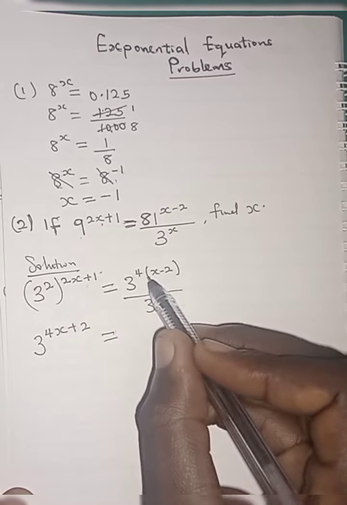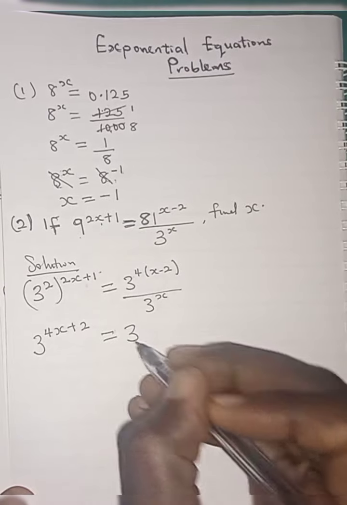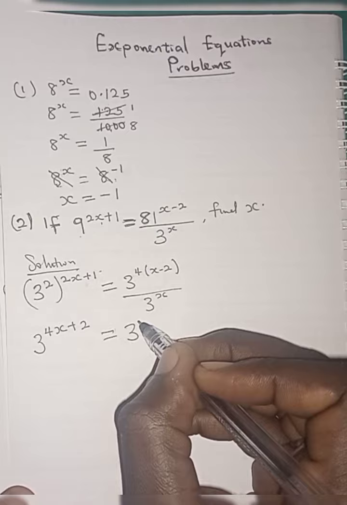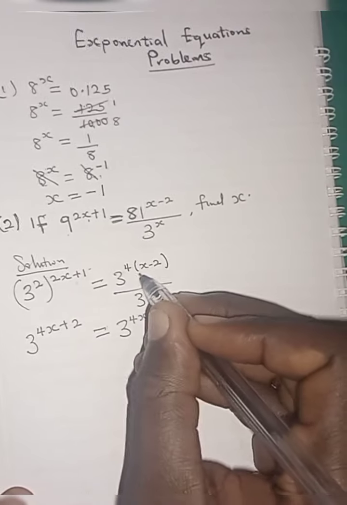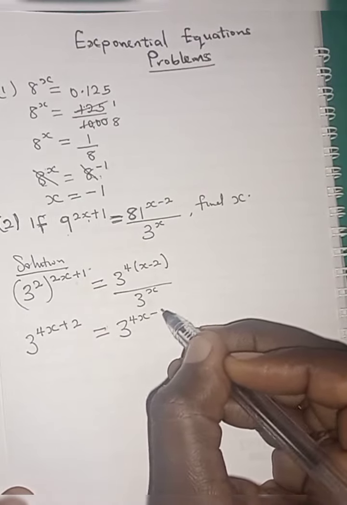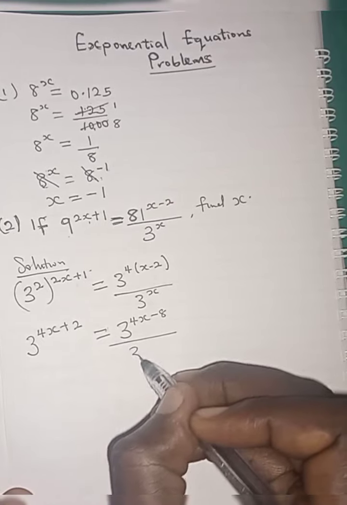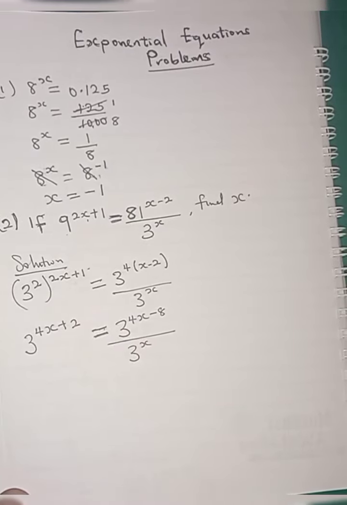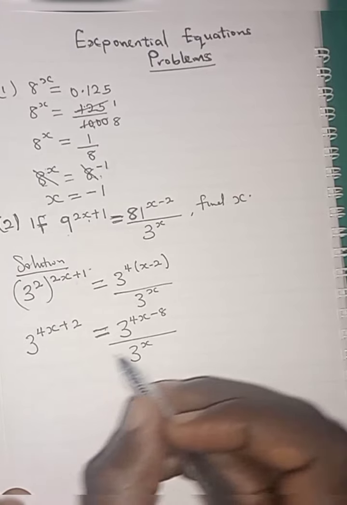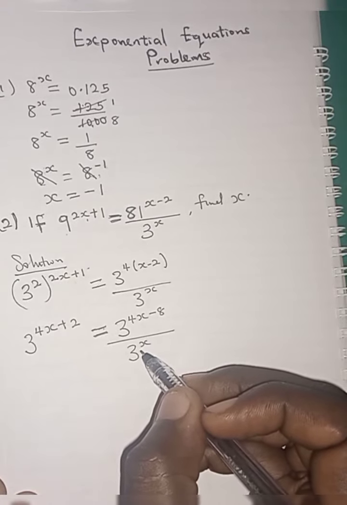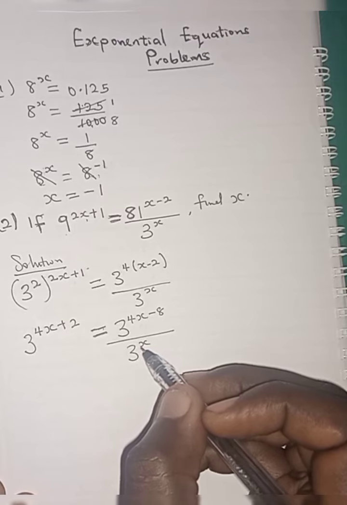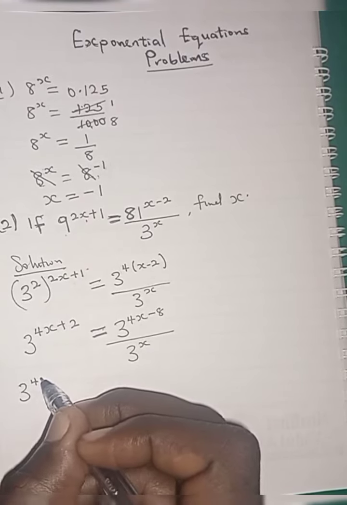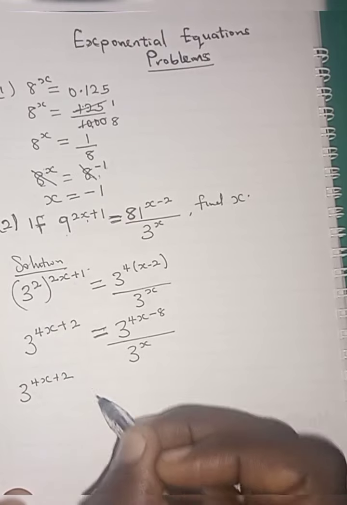Then we do the same thing for this, the base of 3, then the power 4 times x, 4x, 4 times minus 2, that's minus 8, all over 3 raised to power x. And the next thing is to apply the laws of indices. This is going to be 3 raised to the power 4x plus 2.